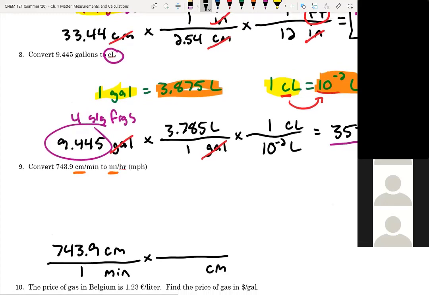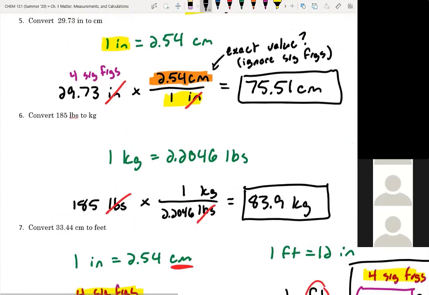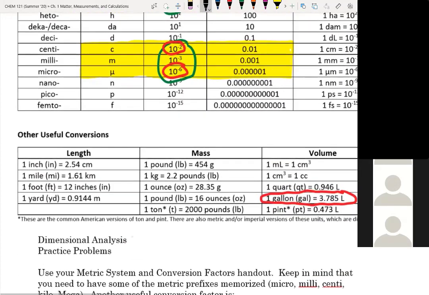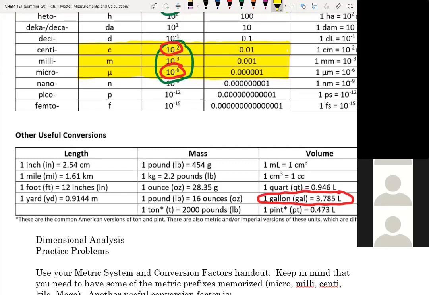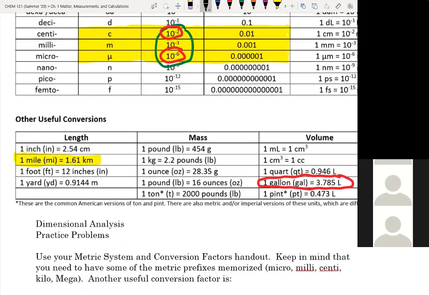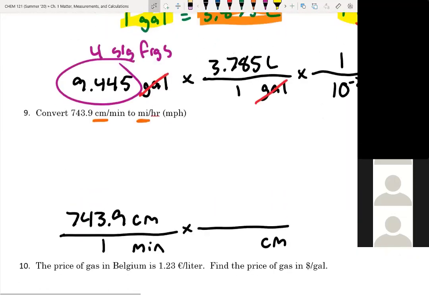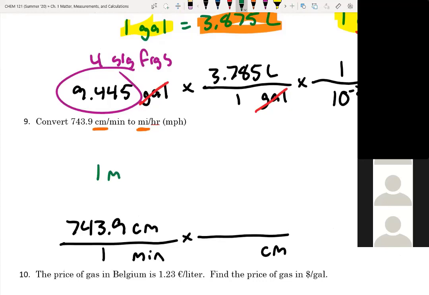So let's see in our chart if we have any good mile relationships. So over here, it looks like the only one we have for a mile is 1 mile equals 1.61 kilometers. So let's go and write that down. So I'd say 1 mile equals 1.61 kilometers.